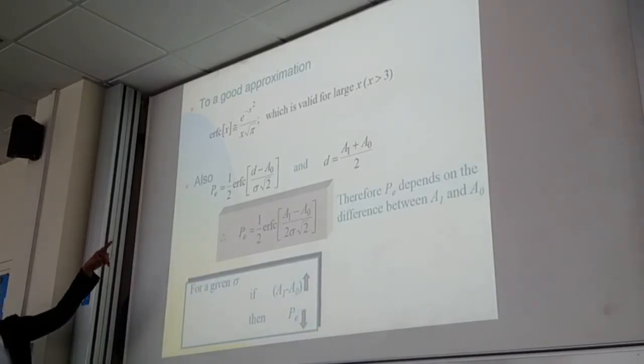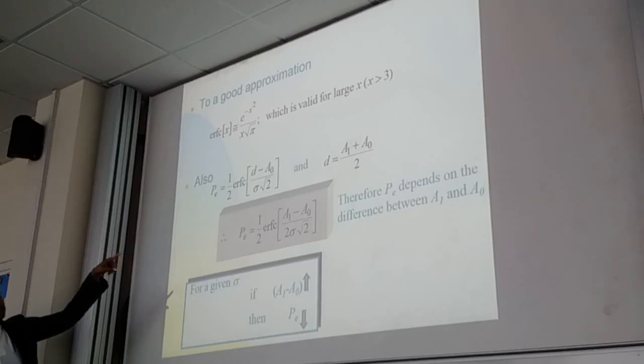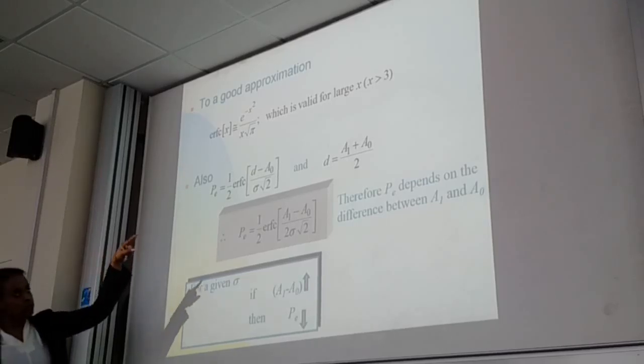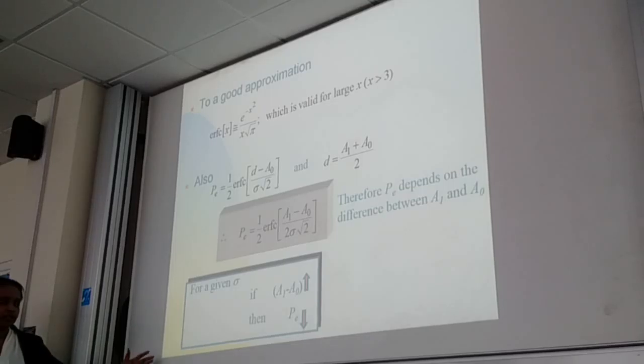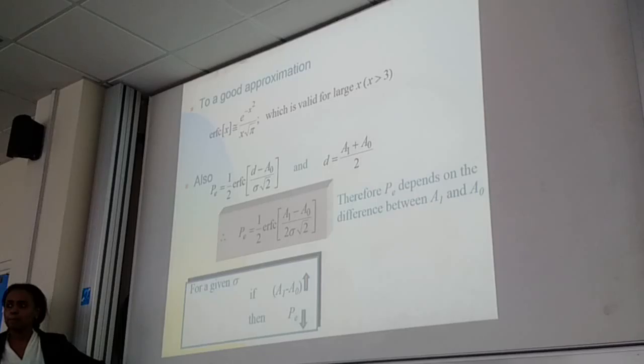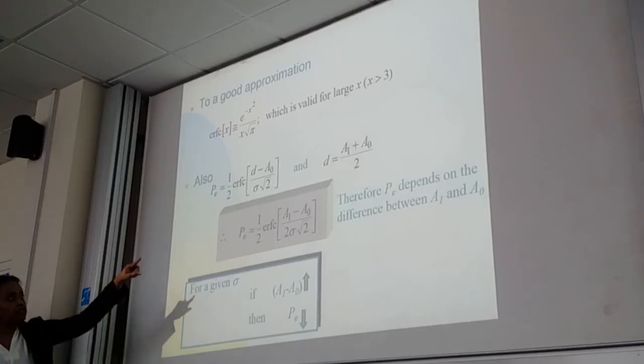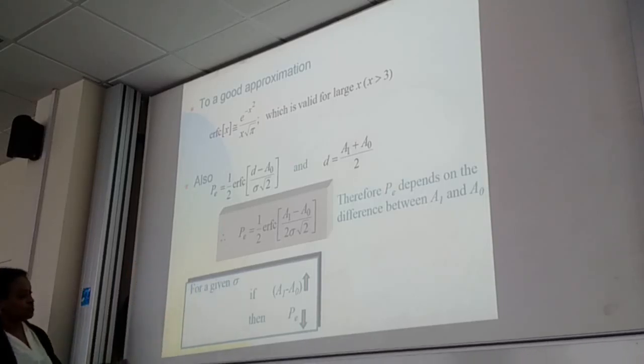So if we set d equal to (a1 plus a0) over 2, and we replace d with that, we will get (a1 minus a0) over 2 sigma root 2. So what does that mean? Remember this? Or you can write it down.